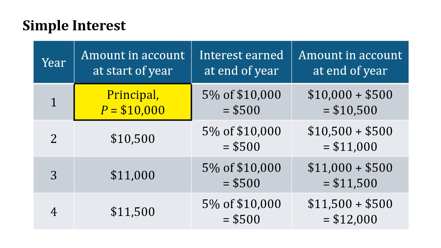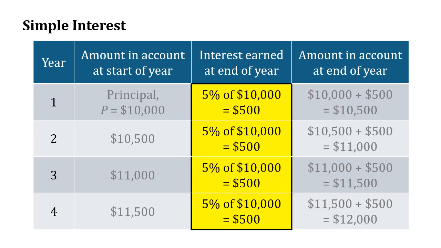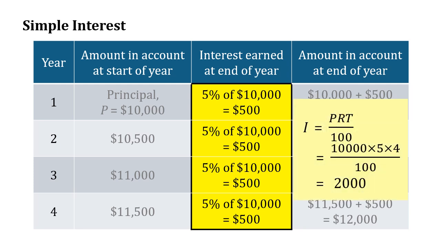So our principal is $10,000, and every year, using that principal and 5% of that principal, we calculate the interest earned each year. And if you look at the interest earned over the 4 years, you're familiar with the formula. I equals PRT over 100 is the formula to calculate the total interest earned.